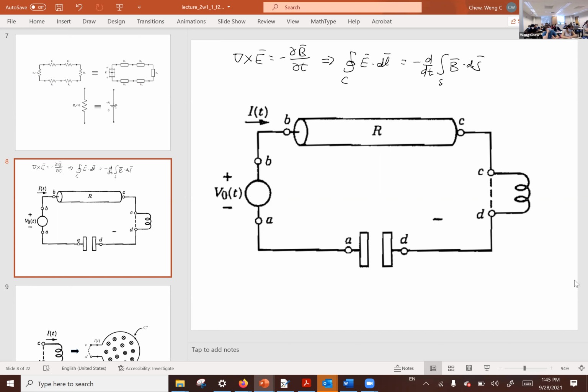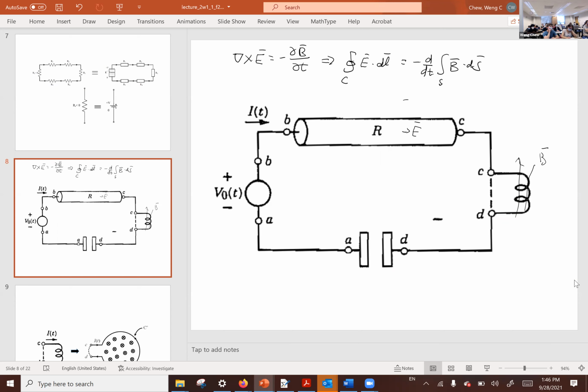In the resistor, we have only electric field and electric current. In the capacitor, we primarily have electric field. In the inductor, we have magnetic field, but it is local. So there may be a strong magnetic field here, and here is mainly electric field.